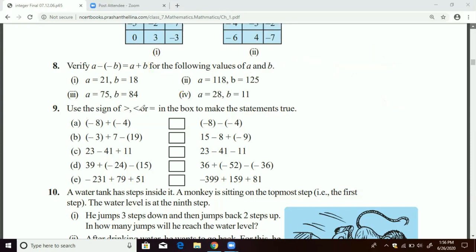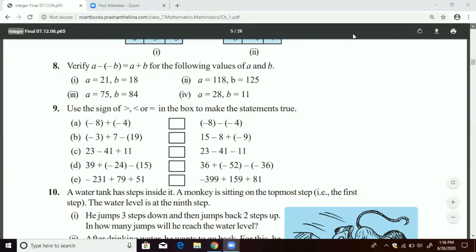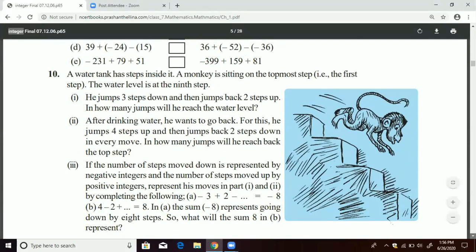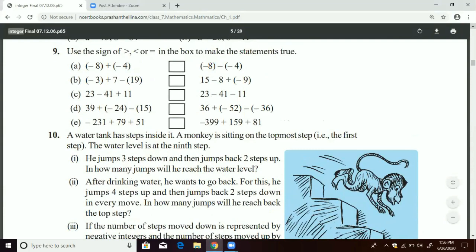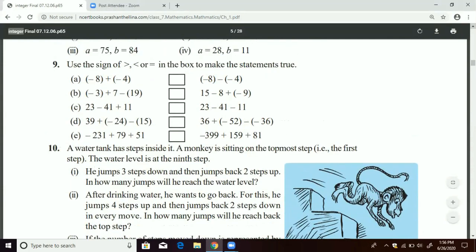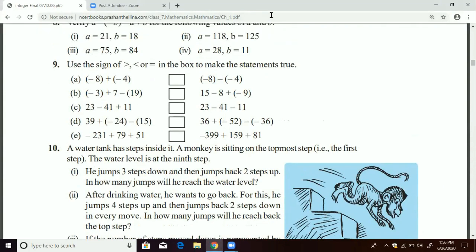Use the sign greater than, less than, or equal to in the box to make the statement true. We have to use the given symbols: greater, less, or equal. We can do the problem and check which sign we can put.